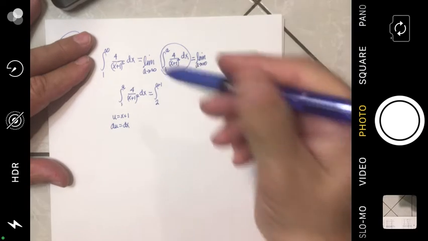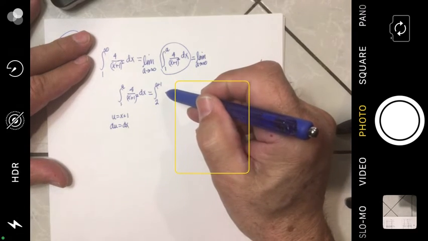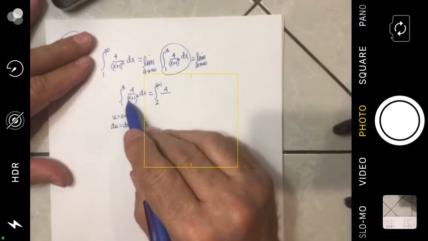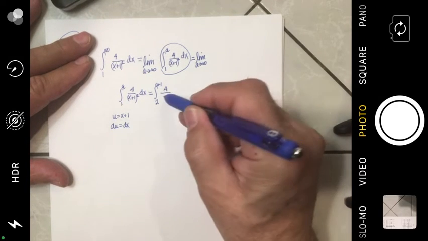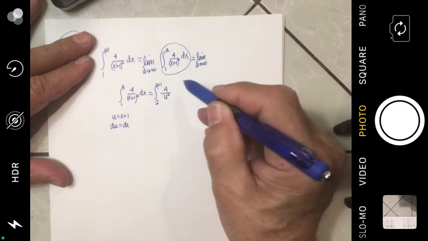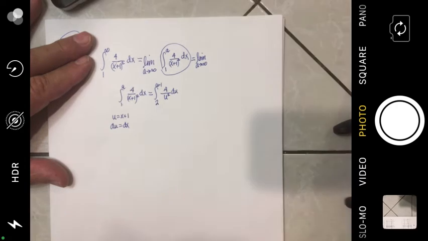Or we can change it back. It would be 4 over the x plus 1, which is my u, squared, and dx is the same as du, so I can do this integration.